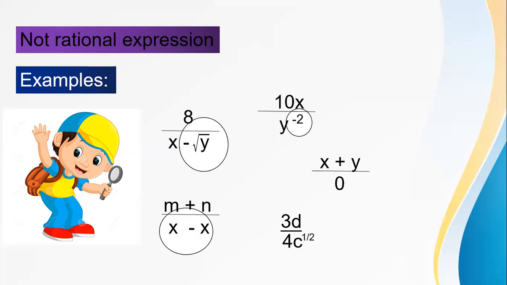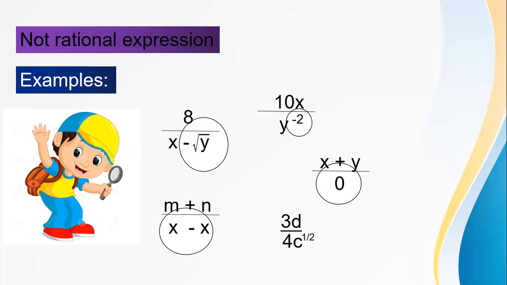Even this one, we have y raised to negative 2, the exponent is negative, and therefore this one is not a polynomial. Then we have 0, your denominator is 0, and therefore, according to the meaning of rational algebraic expression, your Q is not equal to 0.